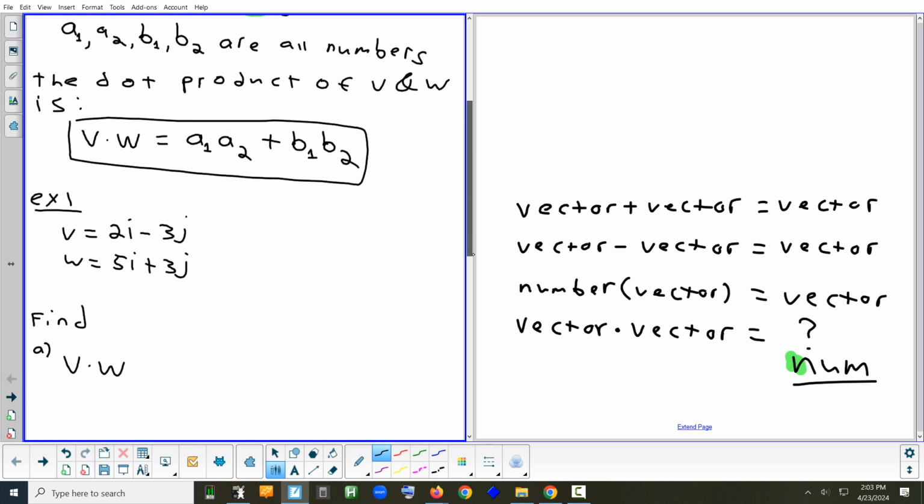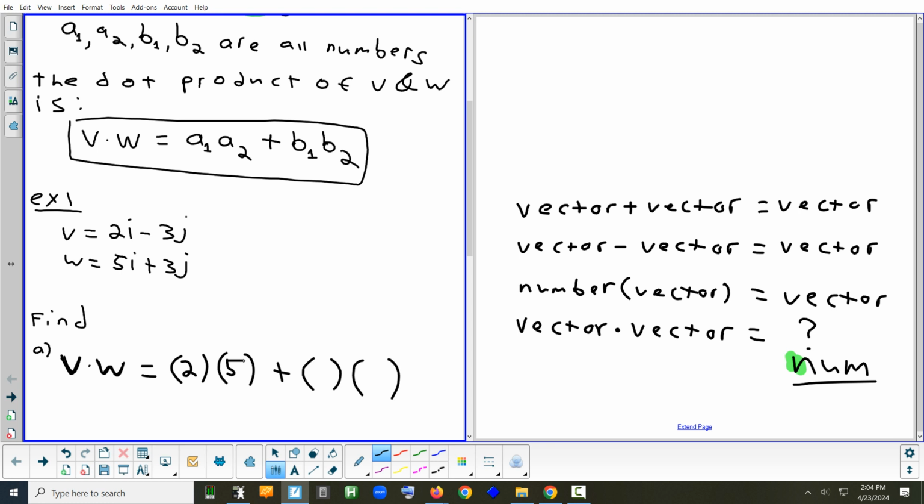Okay. So let's try to find this dot product. This is bold. That's bold. So I want to find V dot W. That's how you say that. So the calculation is going to look something like this. You just have to fill in what goes in each parenthesis. What's going to be the first 2 numbers I multiply together? 2 and 5.